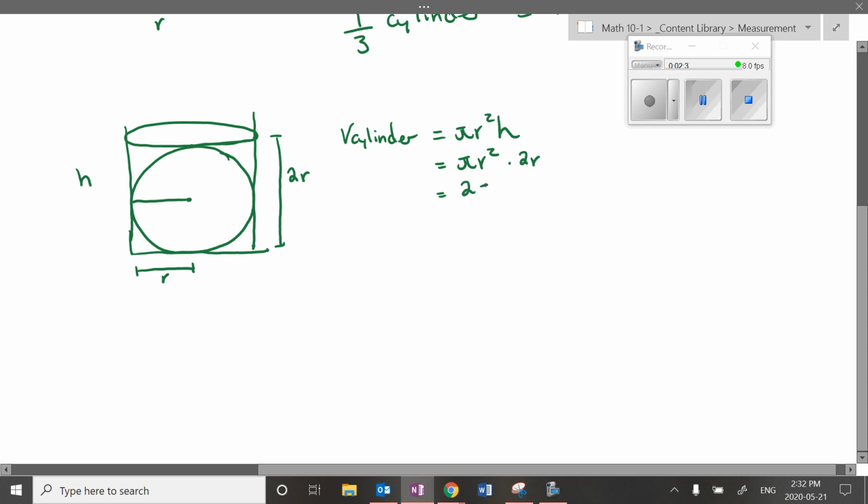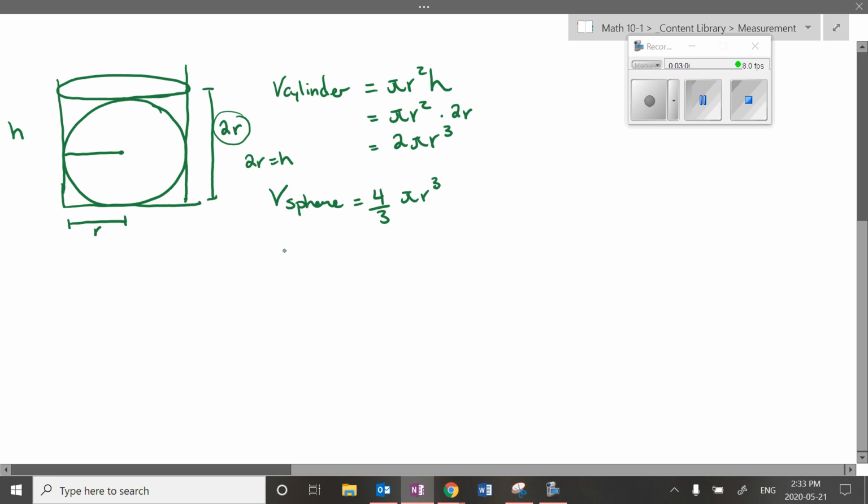So that gives me 2 pi r cubed for this cylinder. And the only reason I can do that is because I'm setting 2r equal to h. Well, we also know that the volume of a sphere is equal to 4/3 pi r cubed.